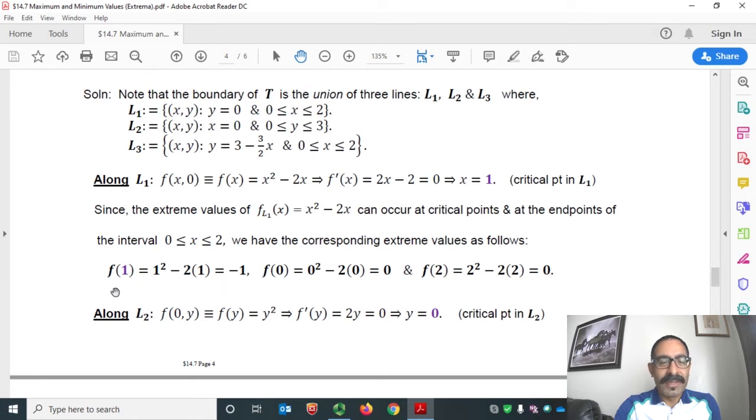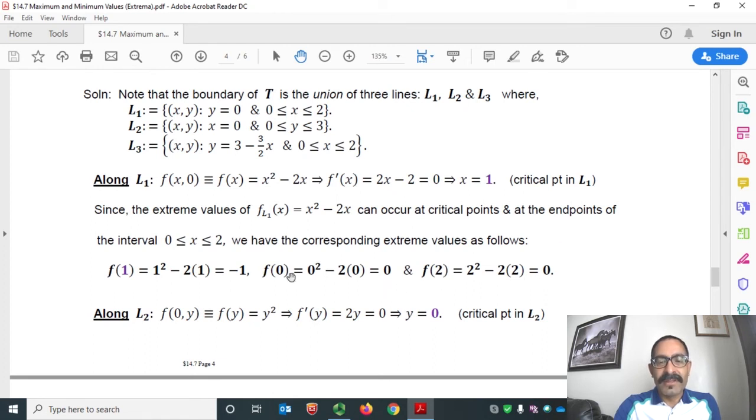I use these restricted functions, which turned out to be f of 1 is -1. I make the same color here so that you understand: this one is the critical point, and this 0 and this 2 are the endpoints. And the value of f at 0 is 0, f at 2 is 0.